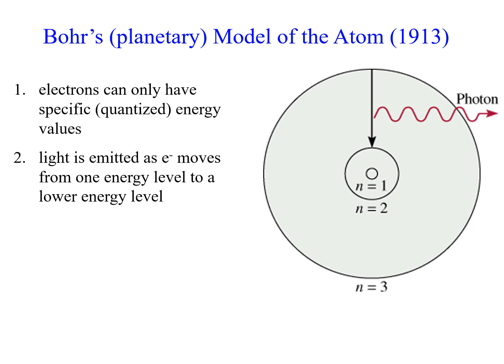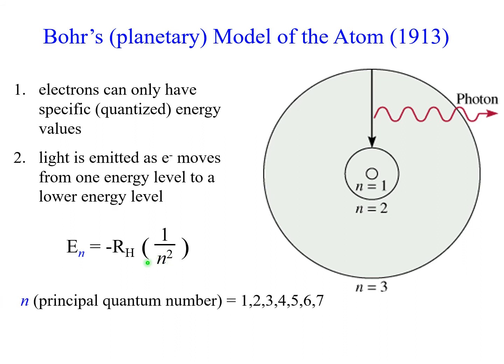Light is emitted as the electron moves from one energy level to a lower energy level, in the form of a photon. The energy is dependent on the energy level, and it's equal to the negative quantity of Rydberg's constant times the reciprocal of the energy level squared.